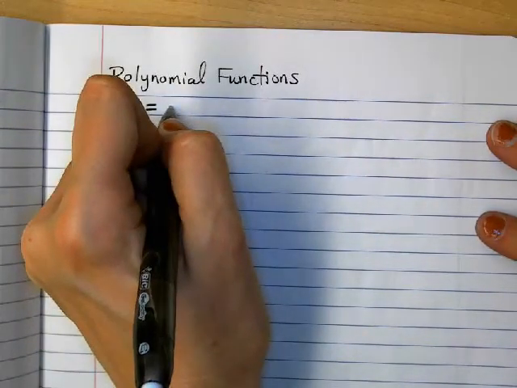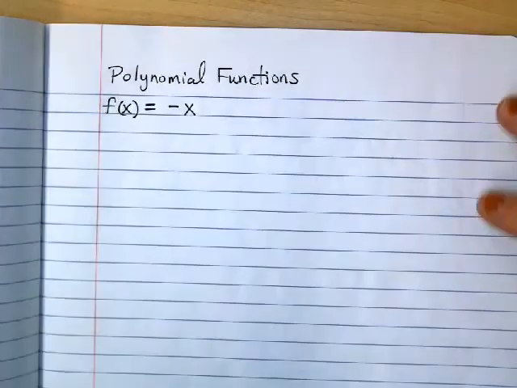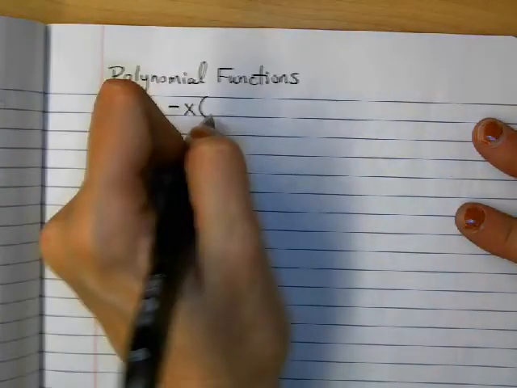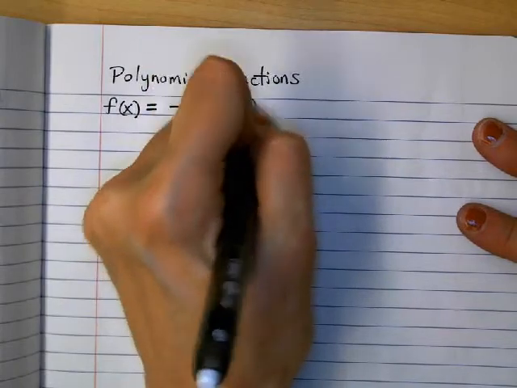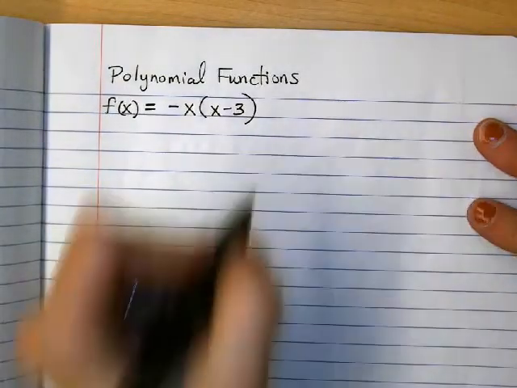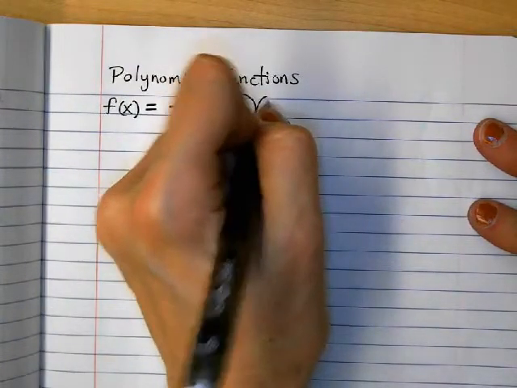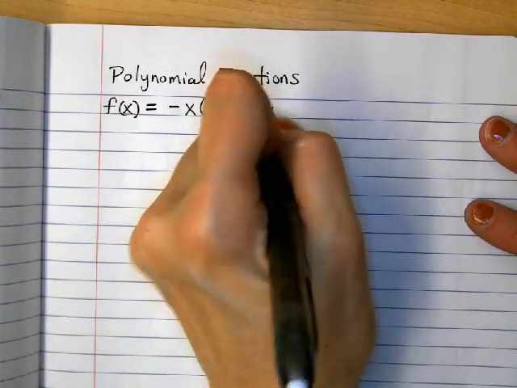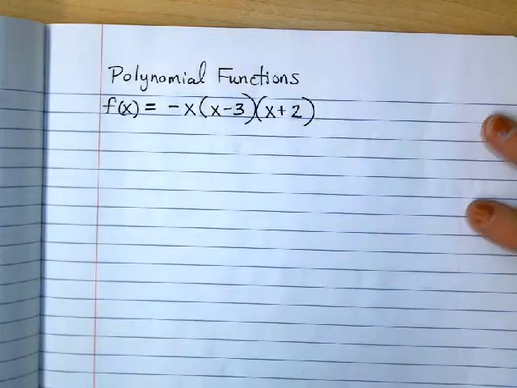Okay, so this problem is going to say negative x, parentheses x minus 3, then another parenthesis, x plus 2.